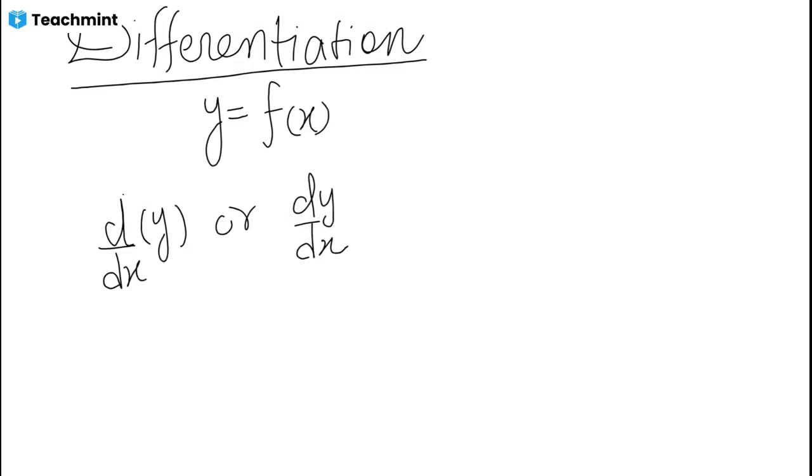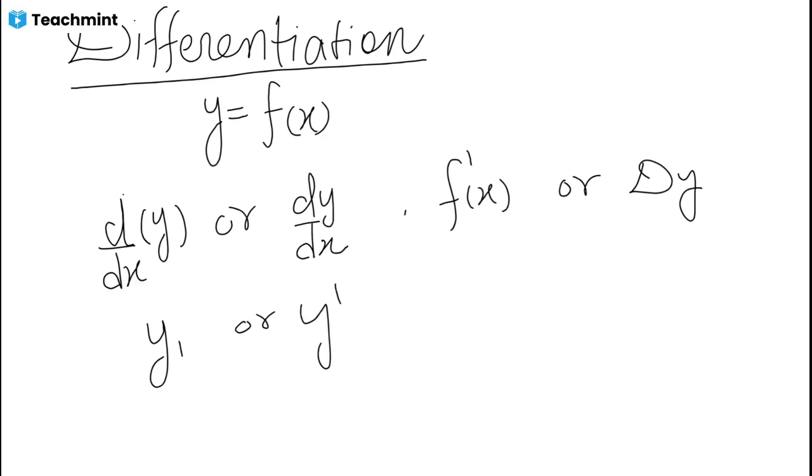This is first order; I'll tell you higher order later, because we have differential equations. It is also denoted by f dash x, or y1 or y dash. Now let us learn its formulas one by one along with examples.